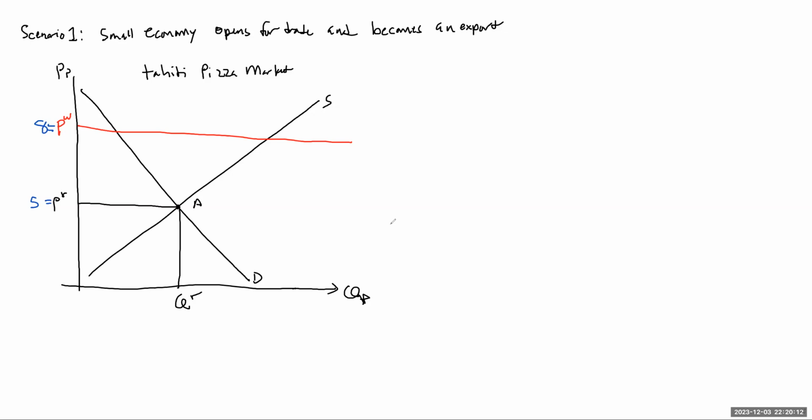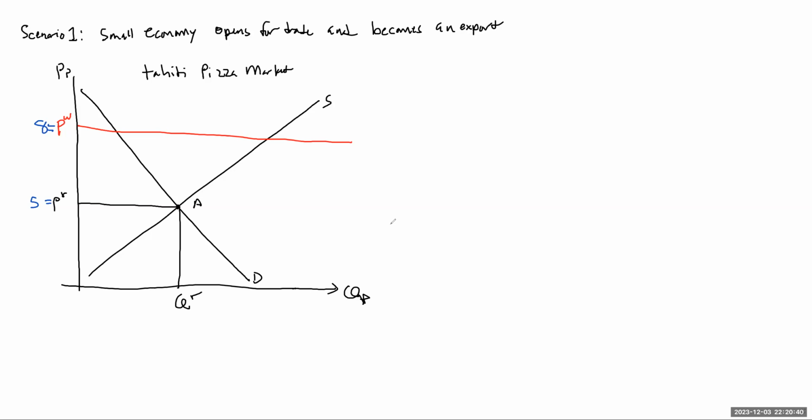Now let's look at Tahiti producers. They're going to look at this and they're like, I could sell pizza at Main Street in Tahiti for $5 each, or I could sell it in Vietnam and Singapore and in the United States for $8 each. And let's assume there's no transportation costs. Let's make it simple and stupid.